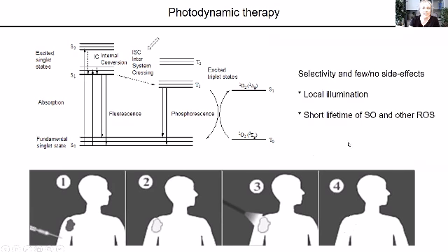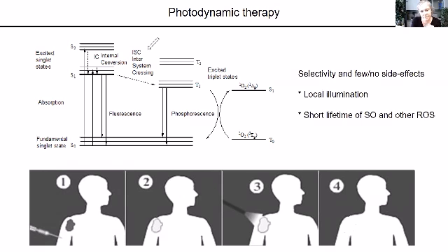And the second one, which is more about the absence of side effects, is due to the short lifetime of the singlet oxygen. It means that there is no time for this singlet oxygen and also the other reactive oxygen species to go and damage something else in the body, because it's already not existing anymore.